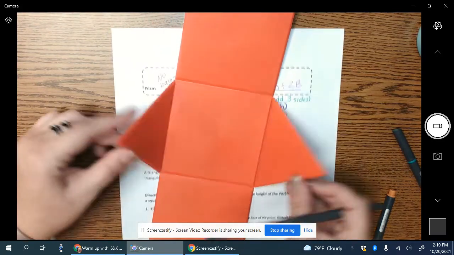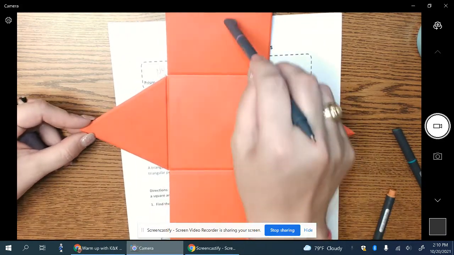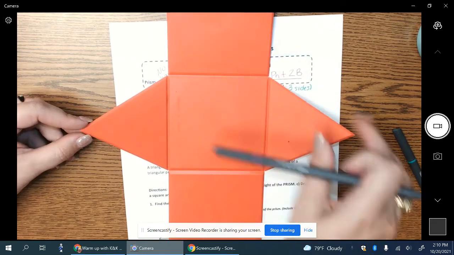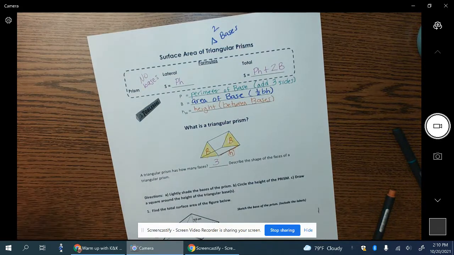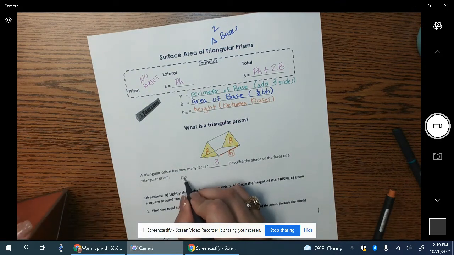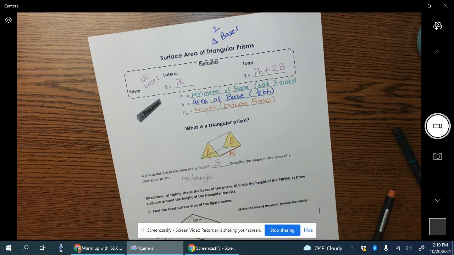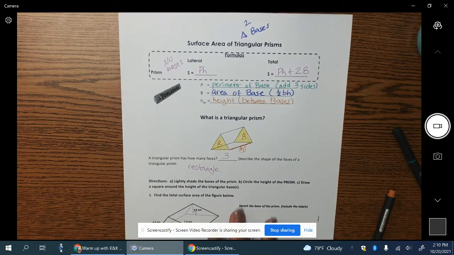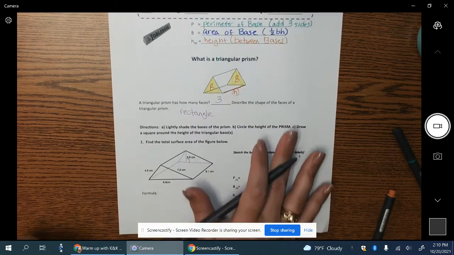Your bases are parallel. Everything else is called a face. And there's 3 sides of a triangle, so that's why there's 3 rectangles. Okay, so what shape are the faces? Rectangles. And that's how you know it's a prism. It has rectangle faces. If it was a pyramid, it would have triangle faces, which again, we talked about last year.